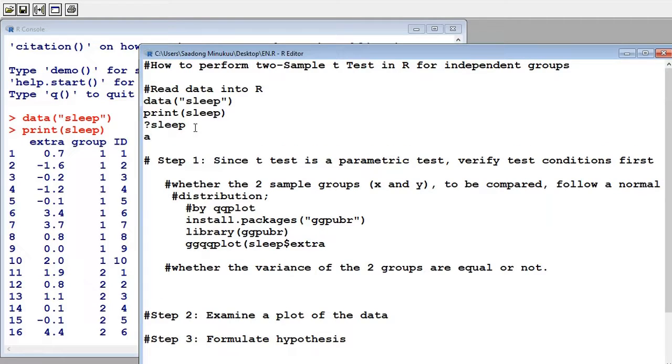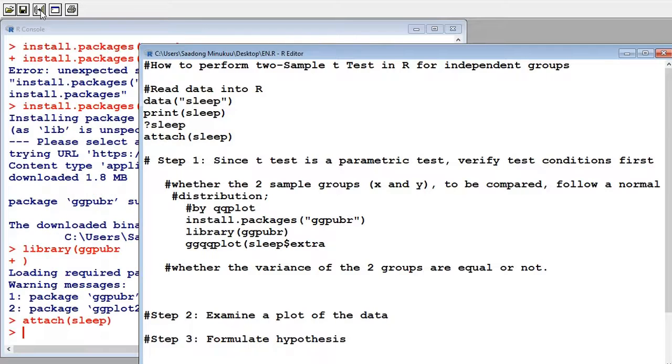We simply write attach in brackets sleep. Now what that means is anytime I want a particular variable within the sleep data, I simply go for the variable instead of writing sleep and that variable. So instead of writing sleep$extra, I'll just write extra.